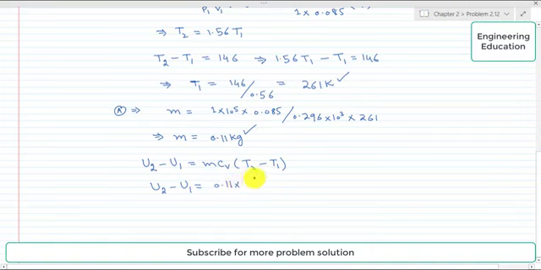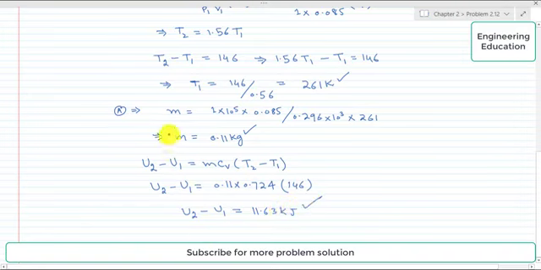The value of Cv is given to us, and it is 0.724. Temperature rise is 146 Kelvin. So if we simplify this, the increase of internal energy is equal to 11.63 kilojoule.